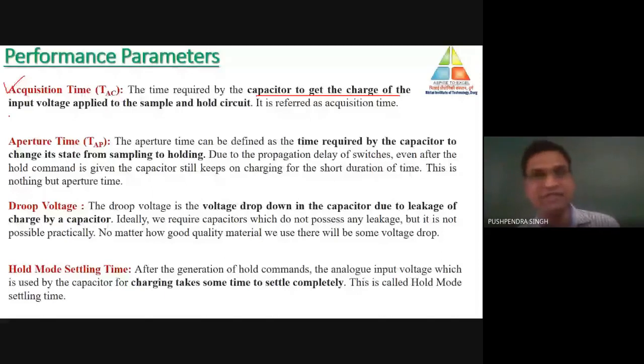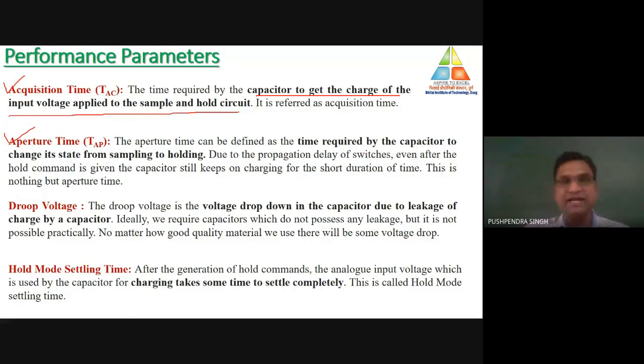What is aperture time? Aperture time is defined as the time required by the capacitor to change its state from sampling to holding. So the time required for changing the state from sampling to holding is called the aperture time.